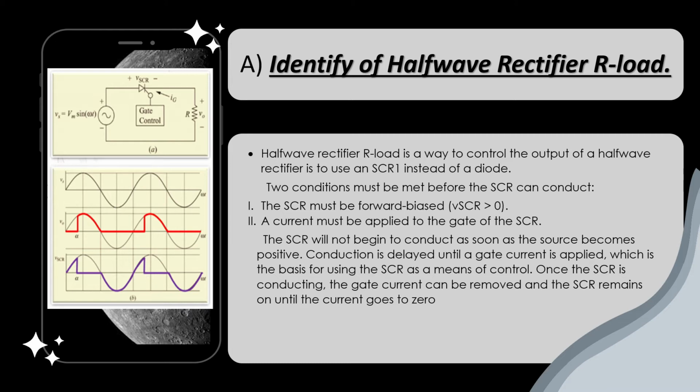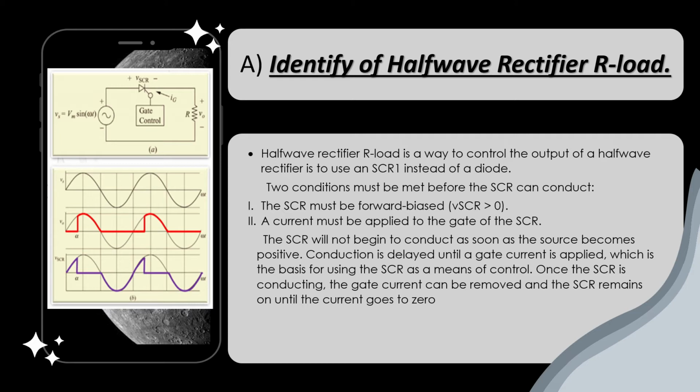The second one: if we look at the diagram, the half-wave rectifier with R load is a way to control the output of a half-wave rectifier by using an SCR1 instead of a diode. Two conditions must be met before the SCR can conduct. The first, the SCR must be forward biased, VSCR greater than 0, and the second is a current must be applied to the gate of the SCR.